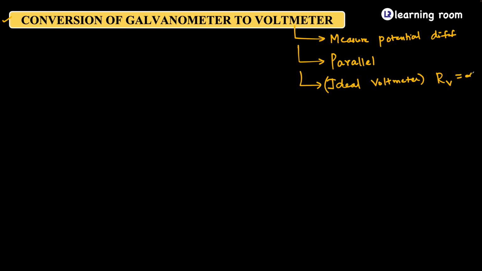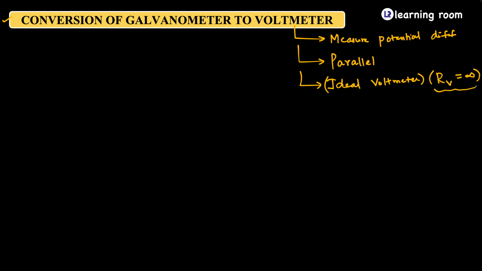It is supposed to be infinite. Generally, when you talk about an ideal voltmeter, it is infinite, but for a real voltmeter, it will be somewhere around 5,000 to 6,000. It will be that high.